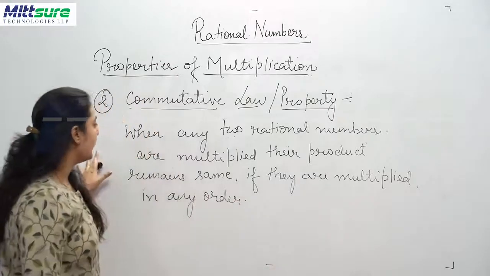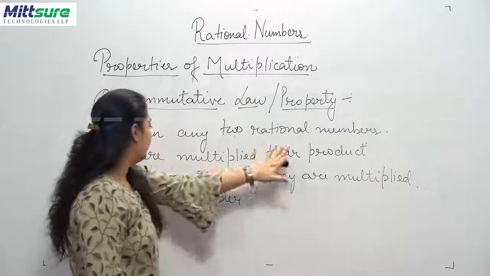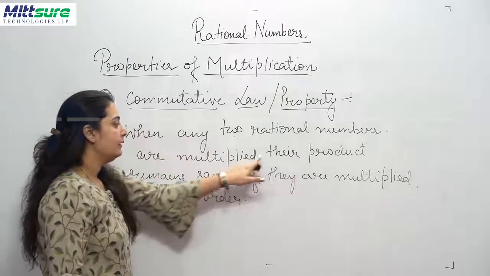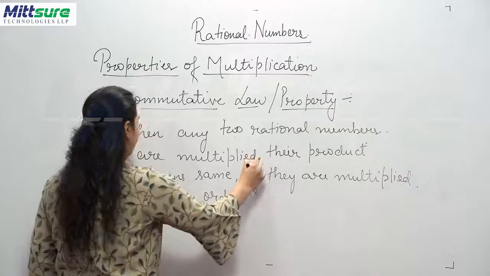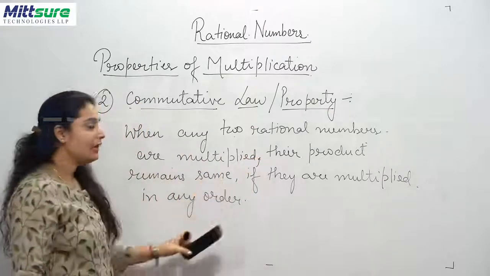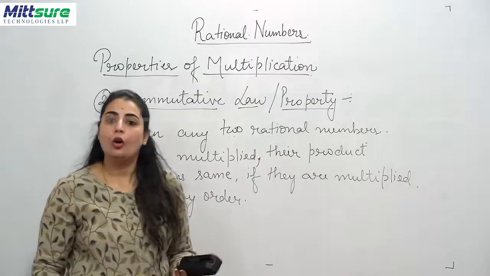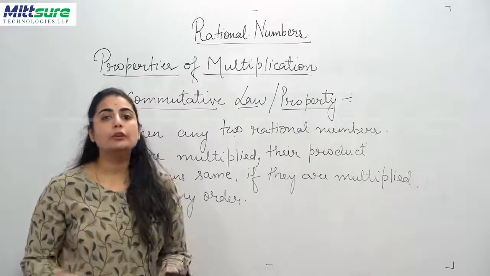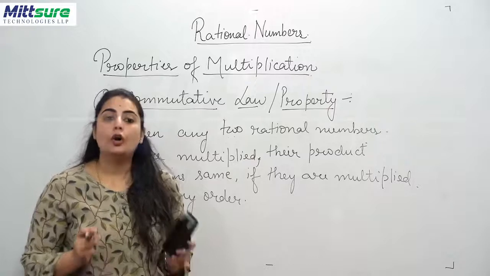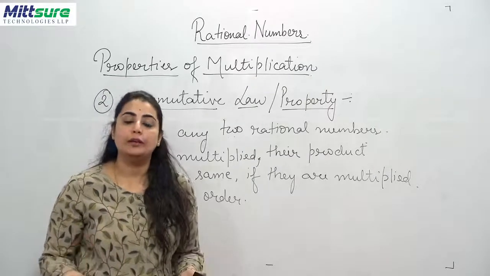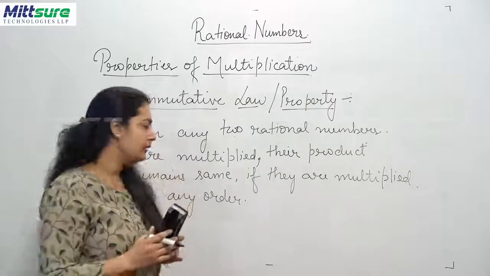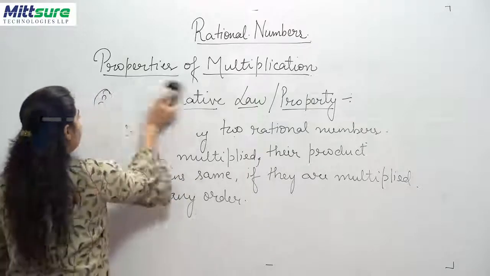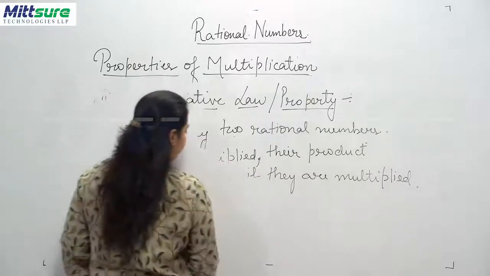So when any two rational numbers are multiplied, their product remains the same if they are multiplied in any order. That means it will not change. The product of the two given rational numbers will not change in any order which you follow. Clear? So let us understand this with an example.